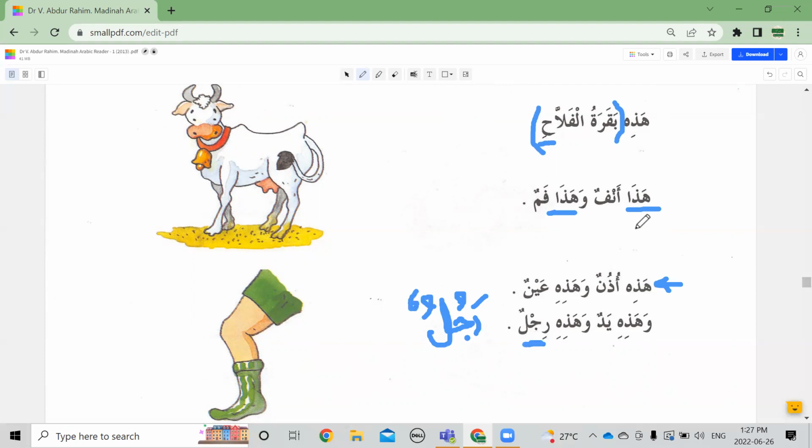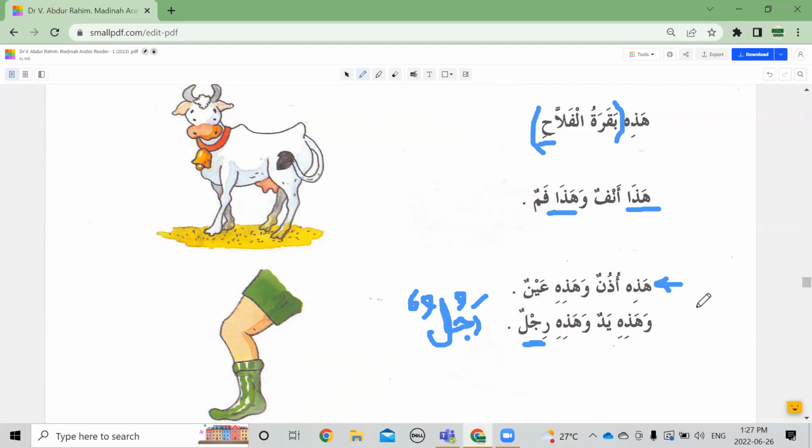Here you can notice anfun is nose, famun is mouth. These are masculine, so we use hadha for them. But udunun, ear, ainun, eye, yadun, hand, rijlun, leg, are all feminine. So what is the rule?